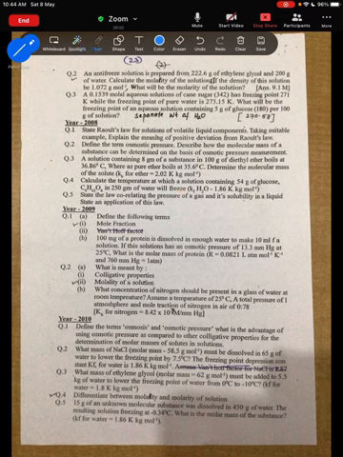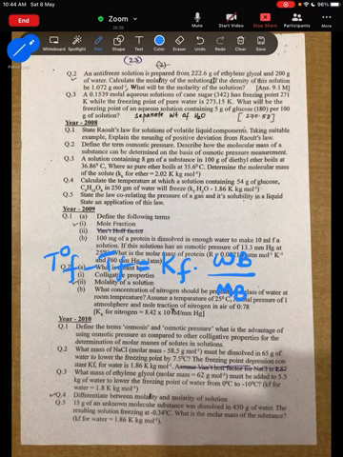So the equation is similar to the previous one, that is T naught f minus Tf is equal to Kf into molality, that is Wb upon Mb into 1000 upon Wa.